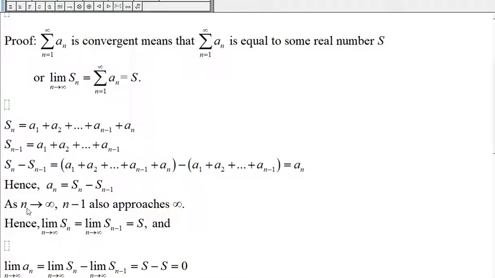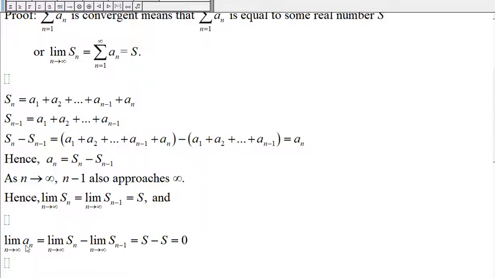Now notice that as n approaches infinity, n minus 1 also approaches infinity. And therefore, if the limit of s sub n is equal to s, then the limit of s sub n minus 1 also equals s. So we know that a sub n is equal to s sub n minus s sub n minus 1.